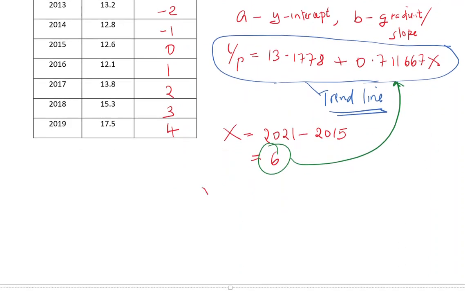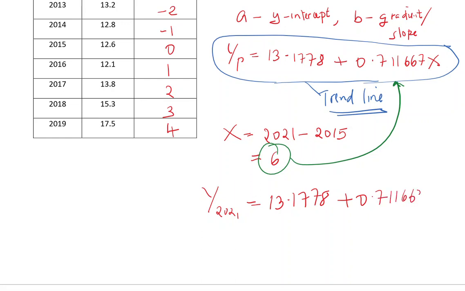We have the profit for the year 2021 equals 13.1778 plus 0.711667 multiplied by 6. So the year 2021 profit equals 17.44782.